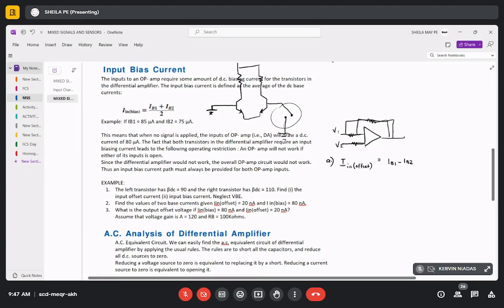Okay, so this should be 90 minus 110. How many is that, class? Negative 20, Miss. Okay.